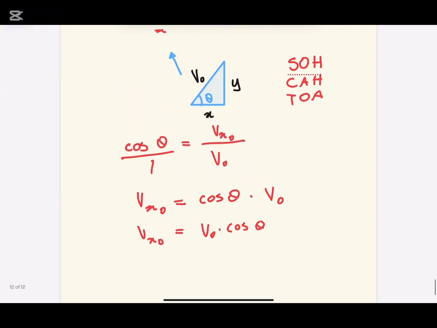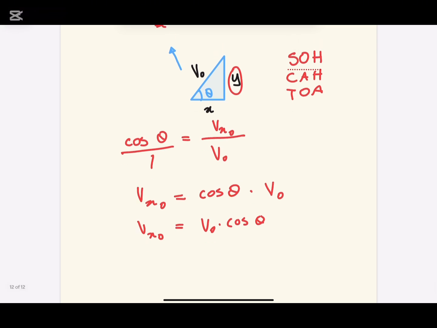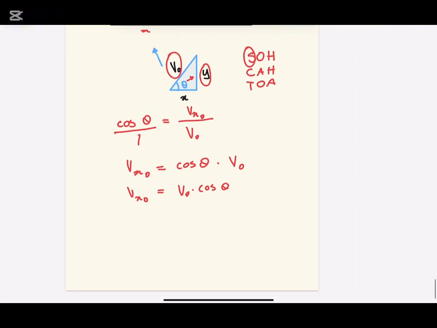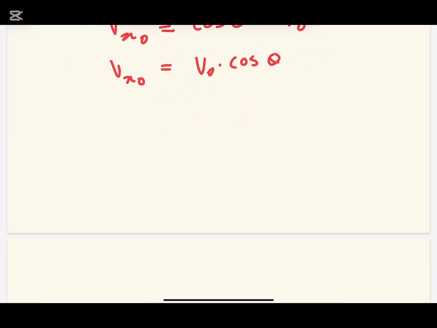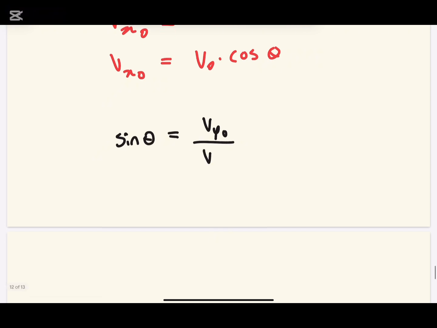Now, let's find the vertical component. I want you to pause the video and think about which trigonometric function we would use to find this component. If you guessed sine, you guessed correctly, because we have the hypotenuse, the velocity initial, and we want to find the opposite, so we would use sine. Sine theta is equal to the velocity y over the velocity initial.